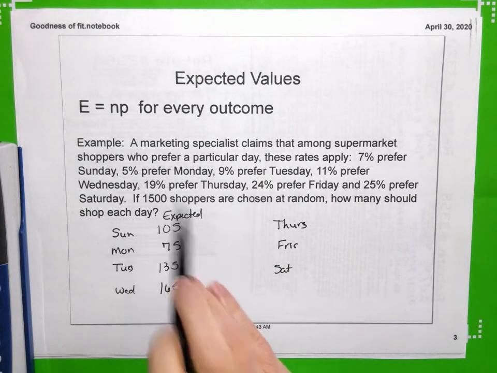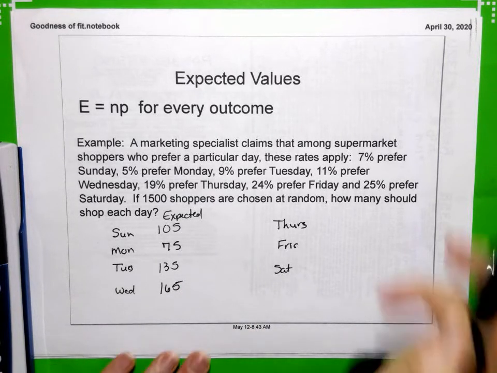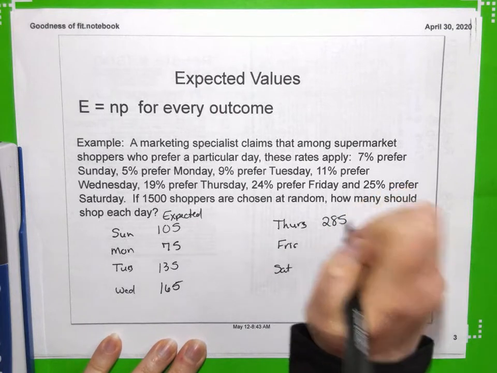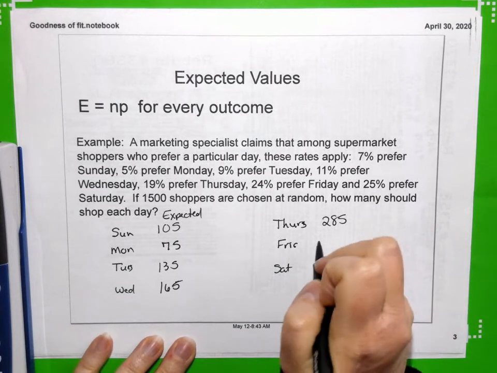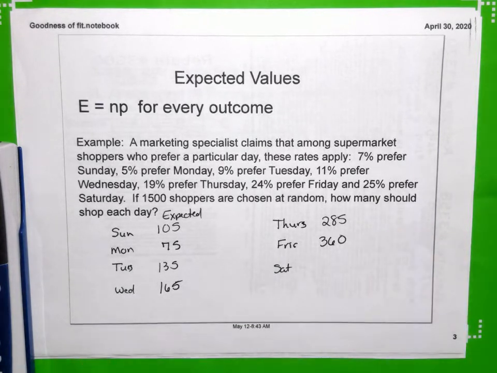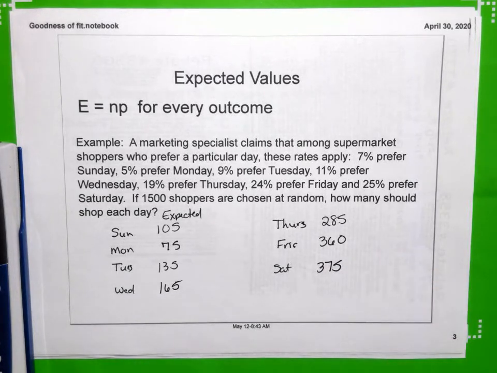Thursday is 19%, 0.19 times 1,500 is 285. Friday is 24%, so 0.24 times 1,500 is 360, and 25% prefer Saturday, so 0.25 times 1,500 gives me 375. That is how many people I would expect to shop on those days out of the 1,500 shoppers that have a particular day that they're partial to.